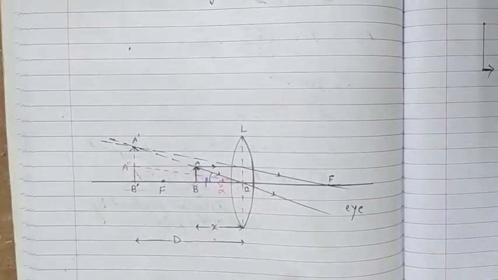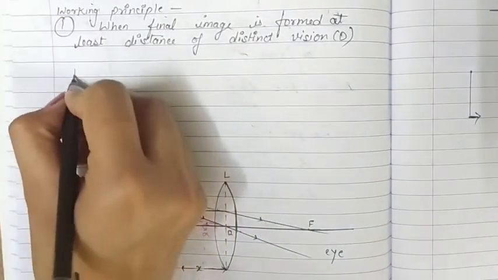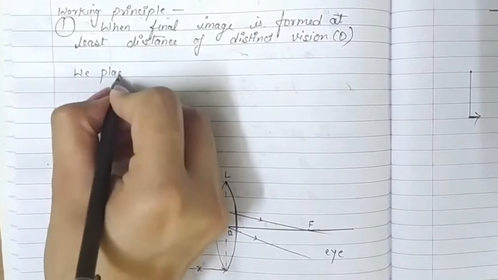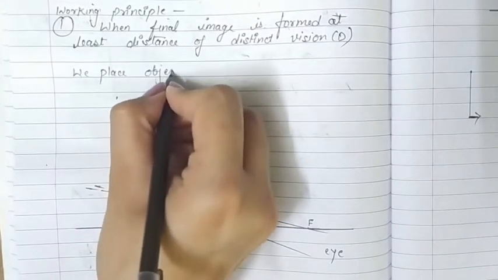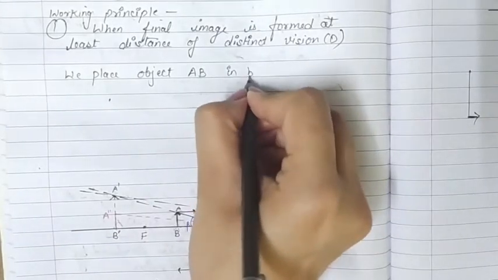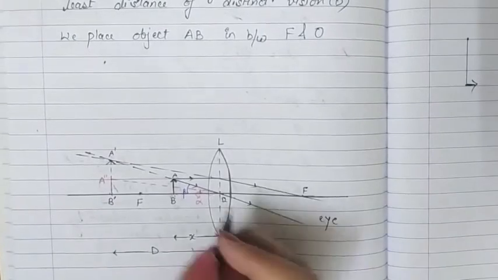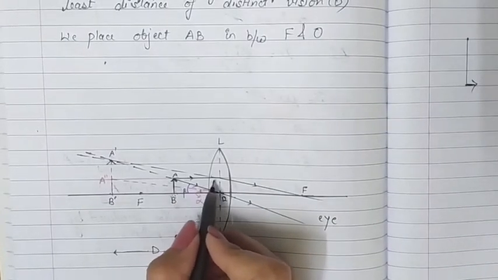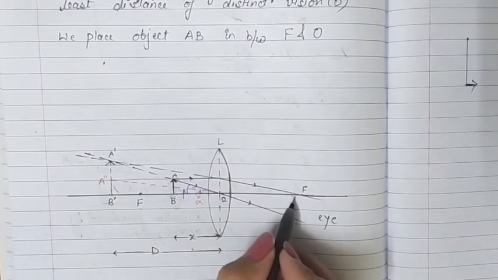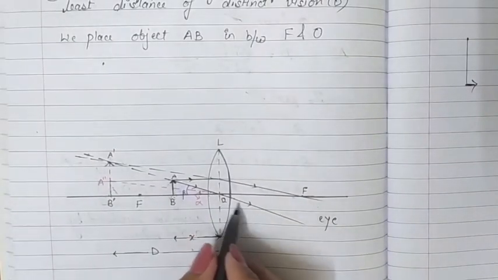So I am starting from how the image is formed first. We place object AB in between focus and optical center of the lens, and we know that the rays that are going parallel to the principal axis converge and pass through the focus, and the rays that are passing through the optical center will go undeviated.